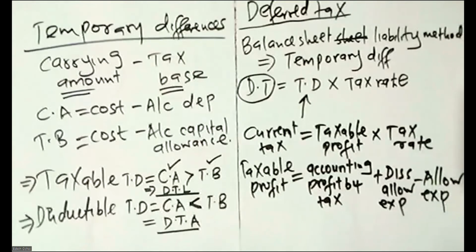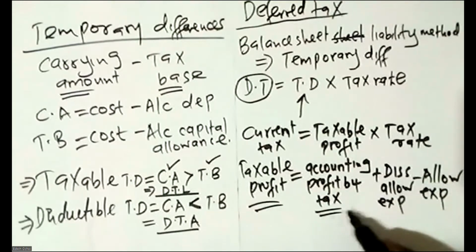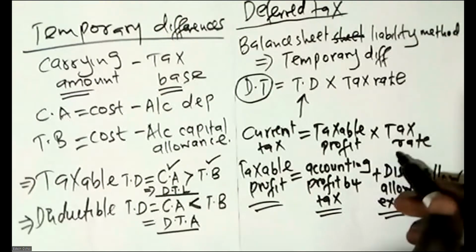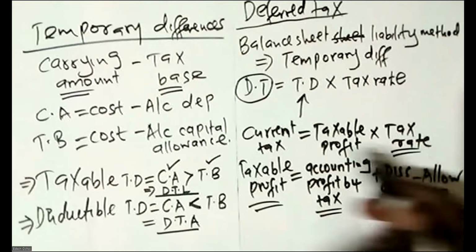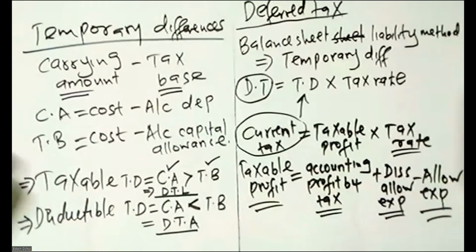That is how you get the taxable profit. Once you get your answer from there, you multiply with your tax rate to get the current tax.